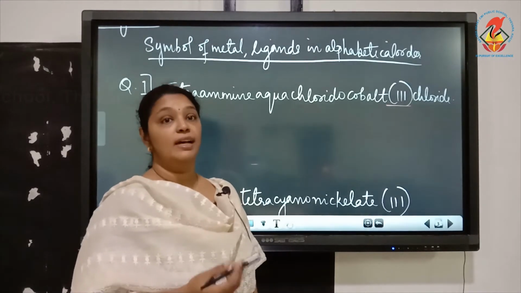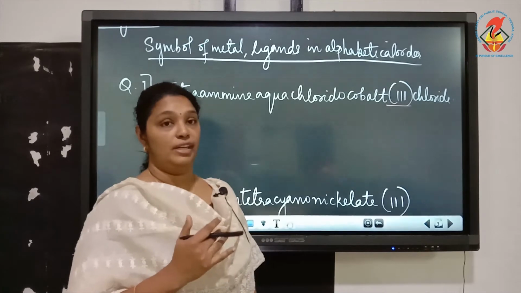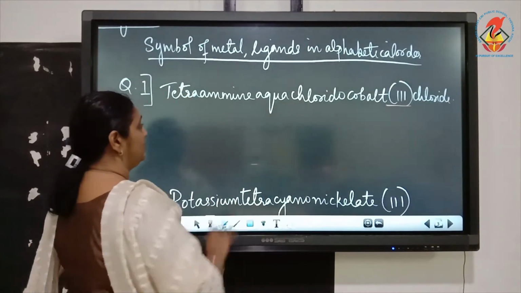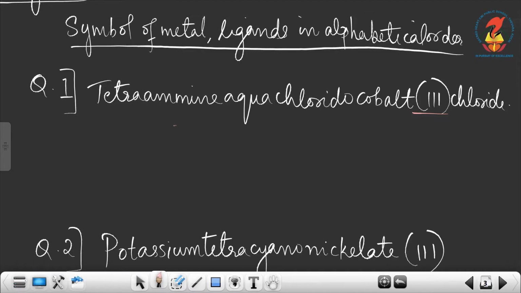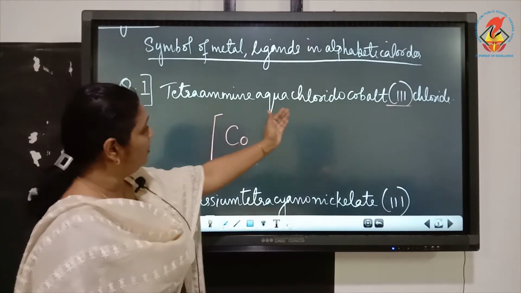So, let us see how to write the structure or formula of the coordination compound when its IUPAC name is given. First, you have to write the coordination entity which has the central atom and the ligands. So, the central atom is cobalt, we will write the symbol of cobalt first, followed by the ligands in alphabetical order. Now, here it is given in alphabetical order.